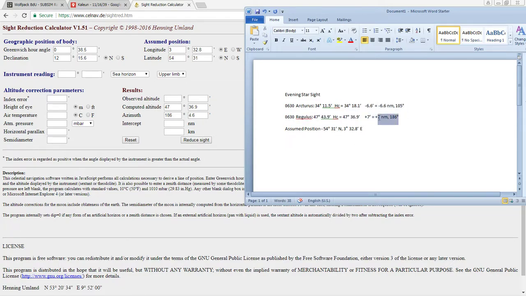So this is the information right here. This in bold is what we need. That's what we need to plot. That's what we're going to take to the plotting table, essentially. We need to know where to plot from, and then we need to know what our offset, our intercepts are, and our azimuth.